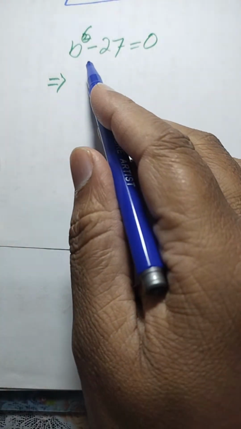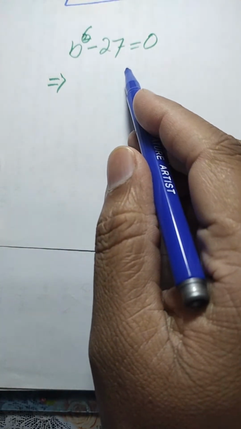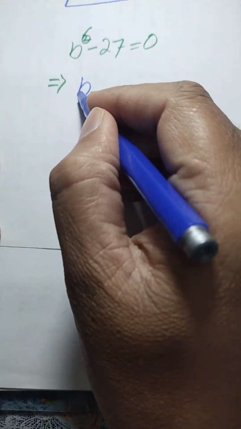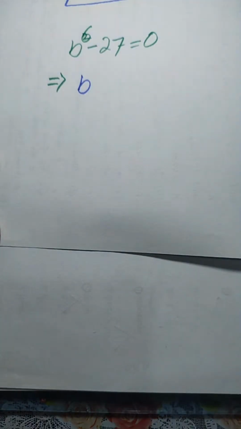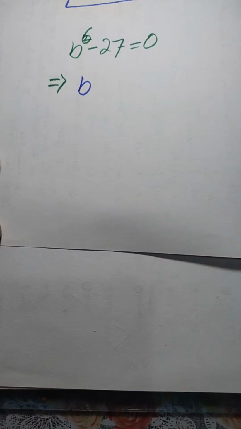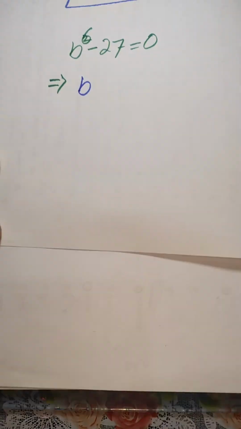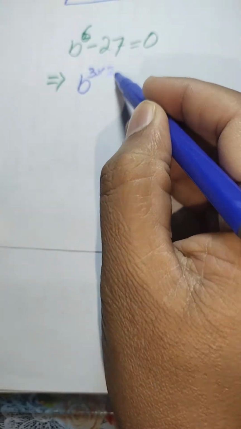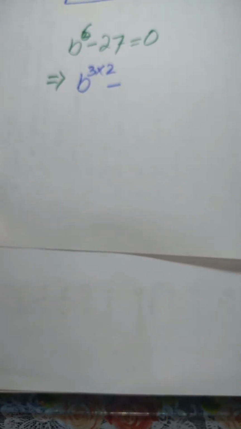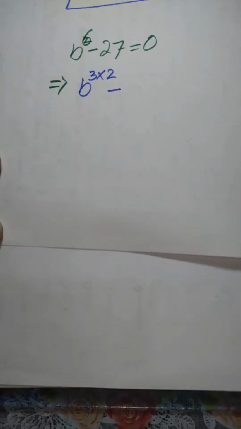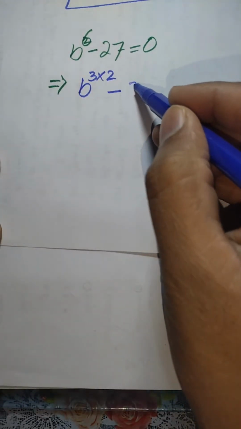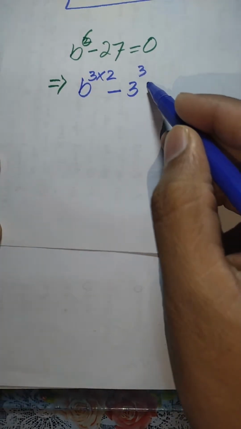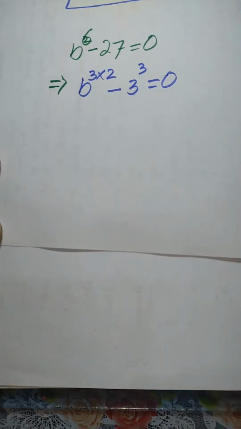We have b to the power of 6 minus 27 is equal to 0. We rewrite this equation: b to the power of 6 is written as b to the power of 3 multiplied by 2, minus, we write 27 as 3 cubed, and this is equal to 0.